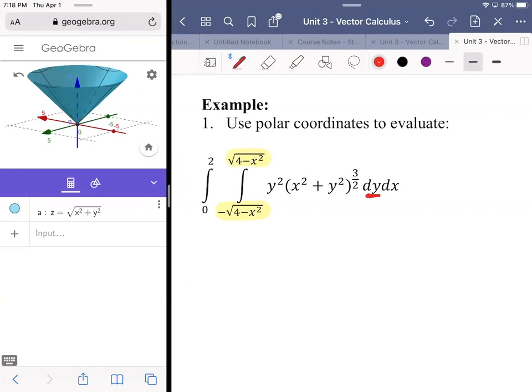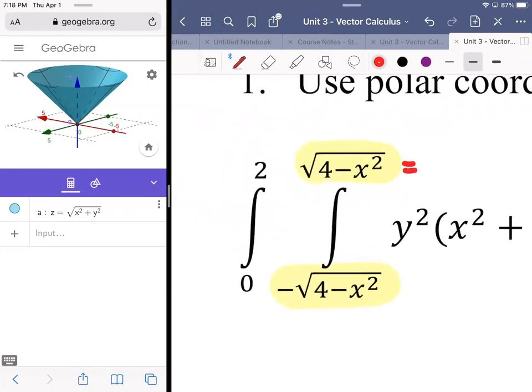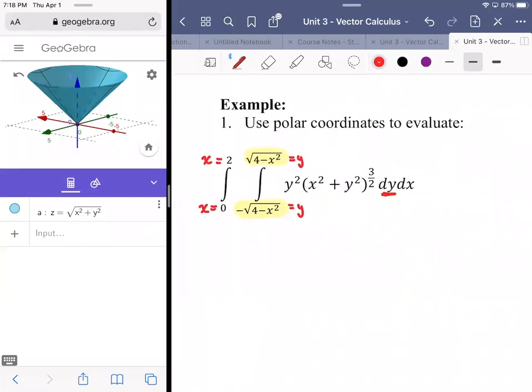I mentioned in the last unit that hopefully you'd get to a point of thinking, what are our bounds here? Are they x equals or y equals? You might find yourself labeling them as y equals, x equals, just to keep things straight. If that's the case, then you're right where you ought to be.